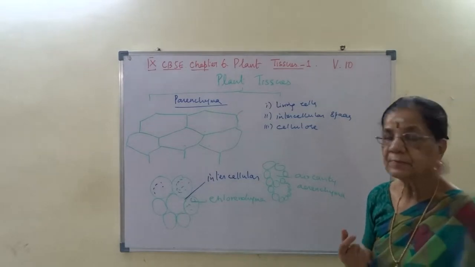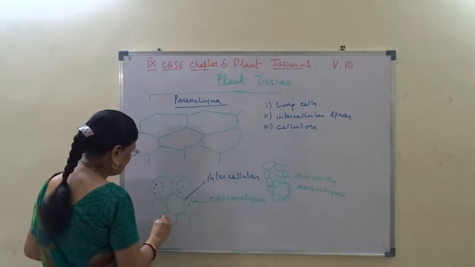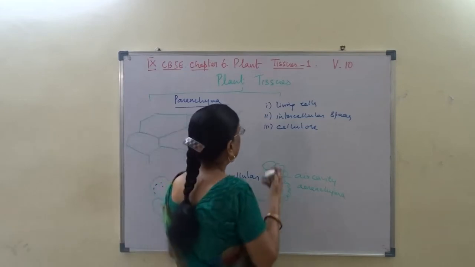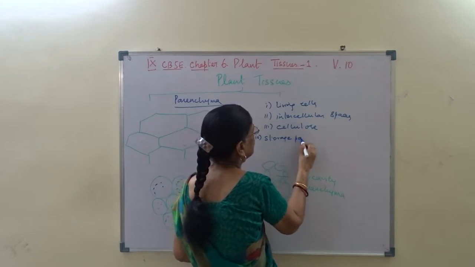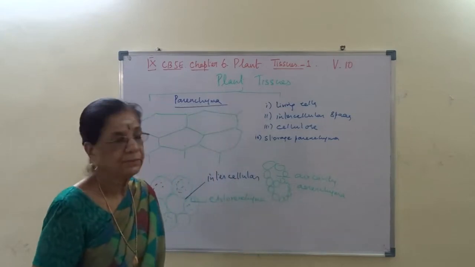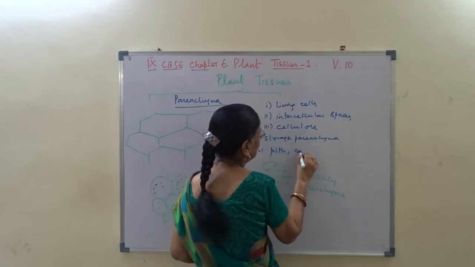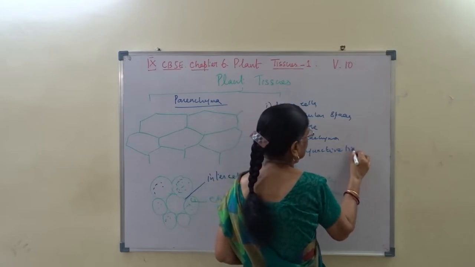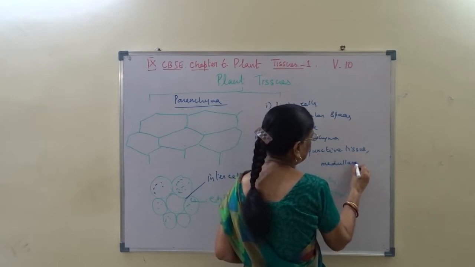I hope you understand. When it is filled with storage material, it is said to be storage parenchyma. Then it gives different names as pith, conjunctive tissue, and medullary ray.